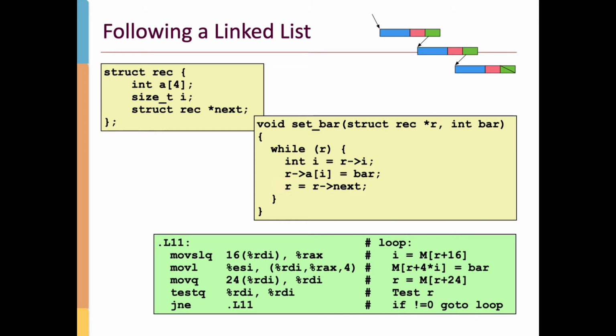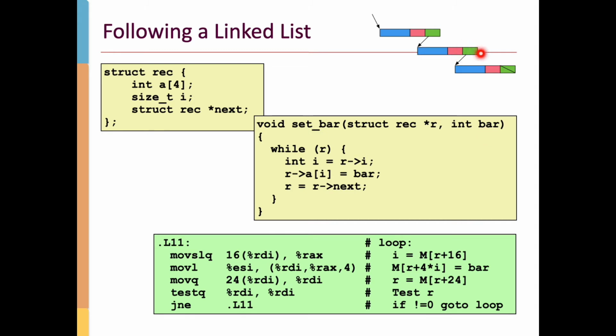So the first time through, it's going to grab this value of next, stick it in r, and that's because that thing actually points to something that's not 0. There's a legitimate element of this structure at that location. We're going to take the loop again and update the contents of the appropriate value in the A array with bar, and then do the same thing.